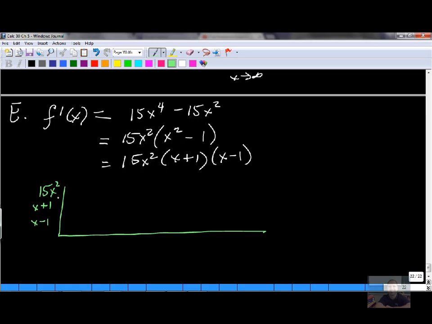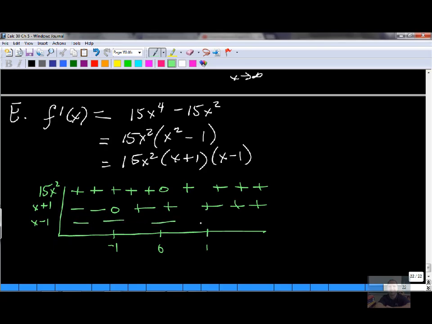This factor here is 0 at 0, and because this is squared, it's positive before and positive after. Just remember that little squared is there. For x plus 1, that's going to be 0 at x equals negative 1, negative before that, positive after. And at positive 1, negative before that, 0, and then positive after.